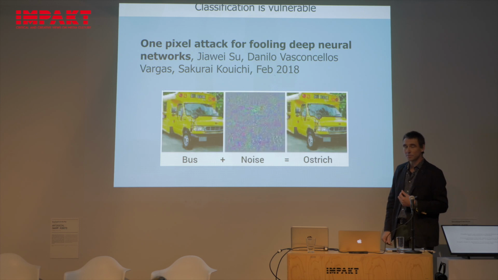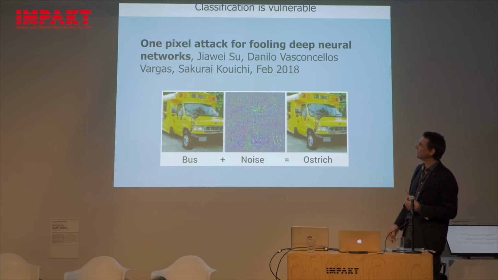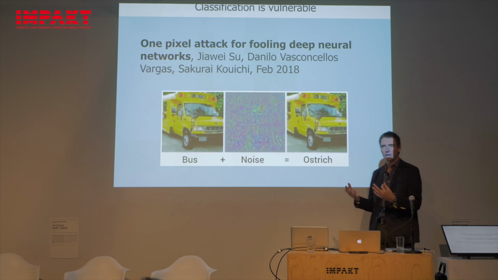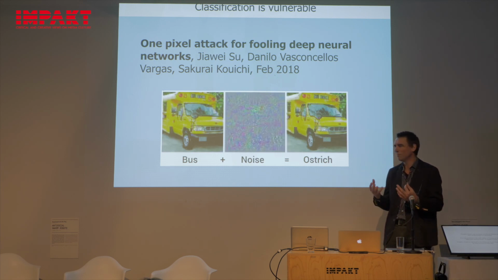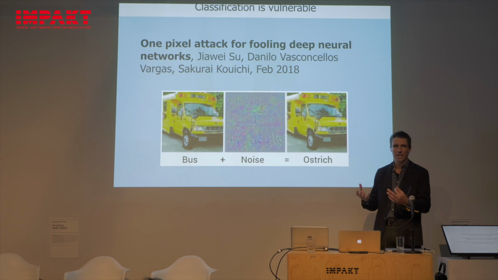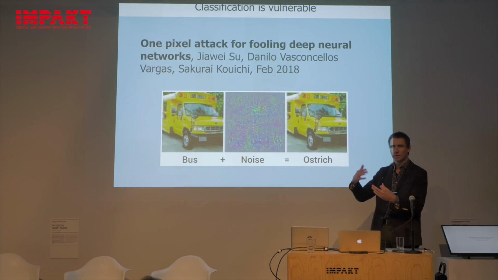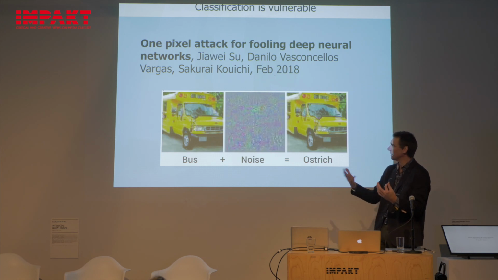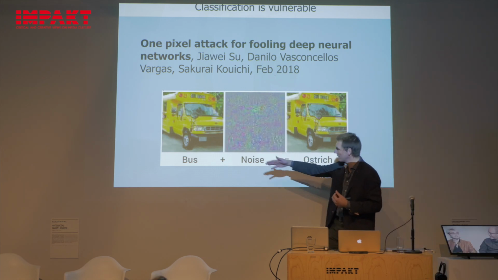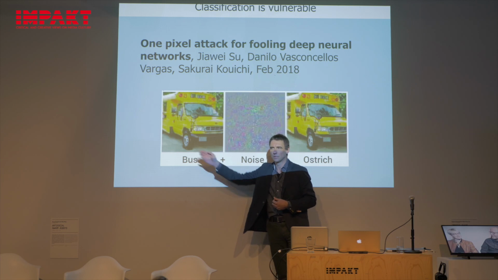Here you see a big limitation of these artificial neural networks. A big application area of artificial neural networks is classification. The neural network is fed with all kinds of examples, and after it has learned how to classify certain examples, you can give it a picture like this, and it will classify it as a bus.